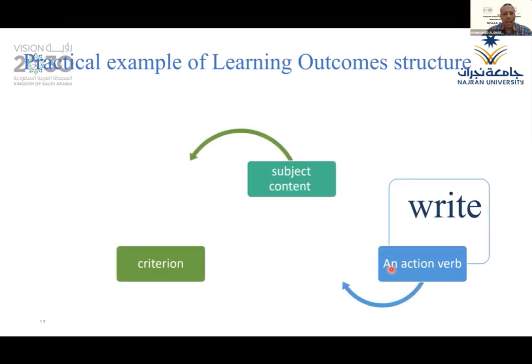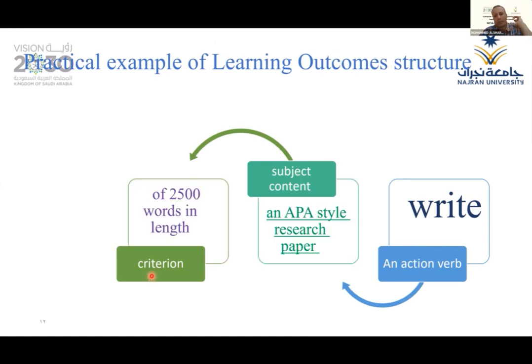Okay, let me give an example. We said an action verb, subject content, criterion. So, for example, we are talking about writing an APA style research paper. The students are, for example, master students or PhD students, and I need them to work on a research paper.